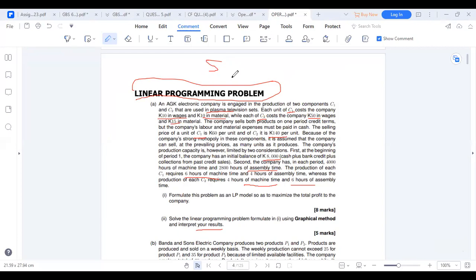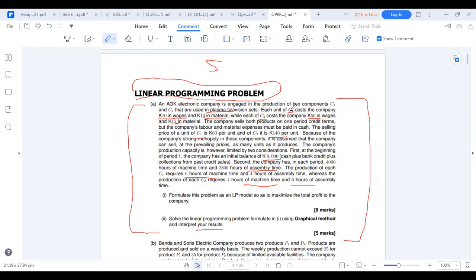All right, so now we have this kind of equation. So we're trying to make sure that we solve this problem. Okay, so we are formulating the linear programming. The most important thing here to note is the material cost and wages for product C1.